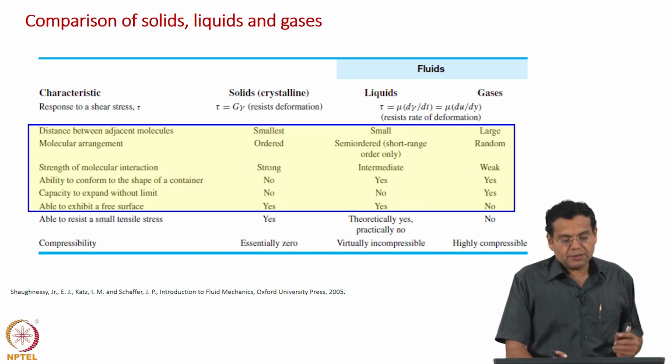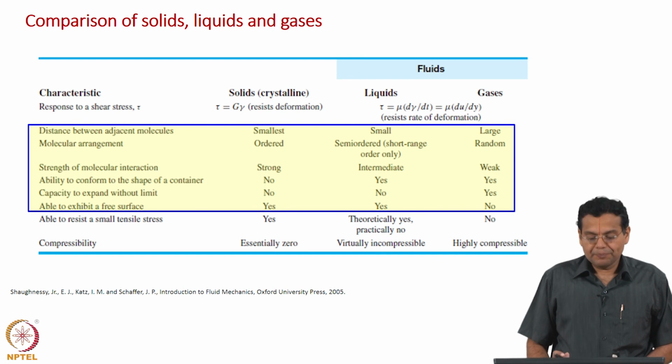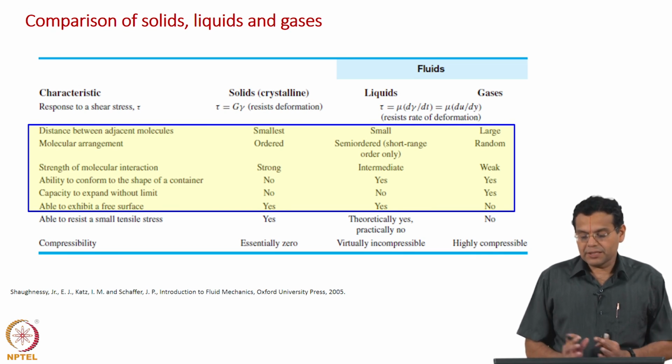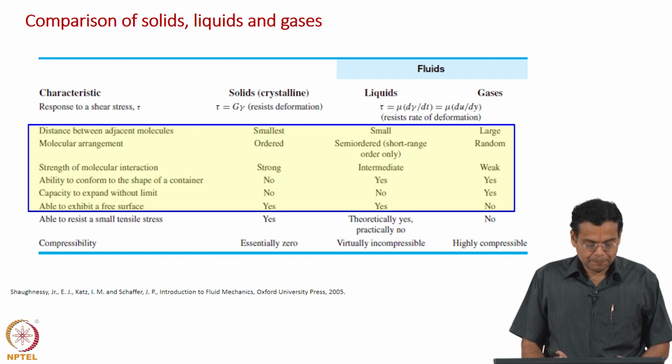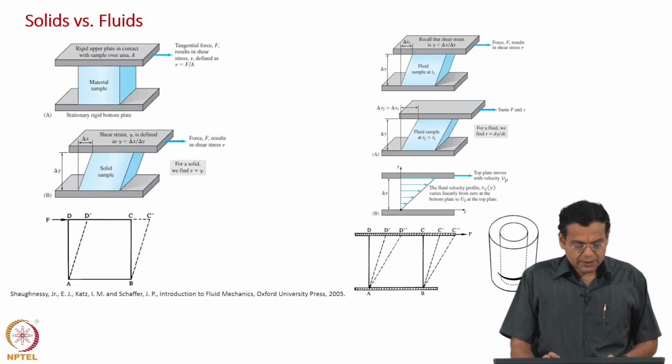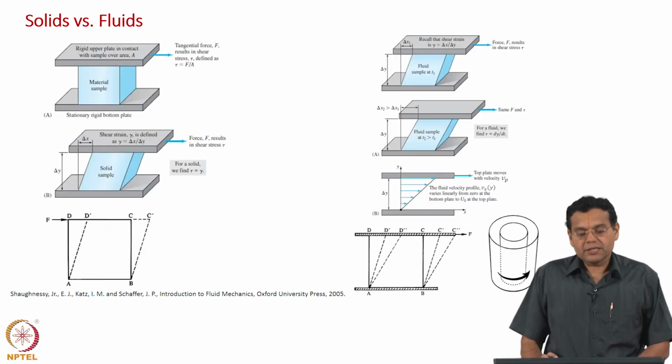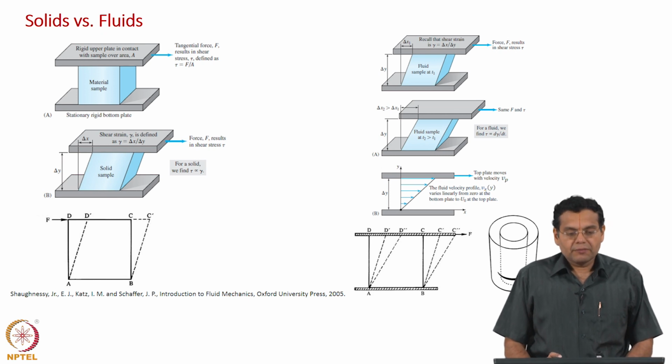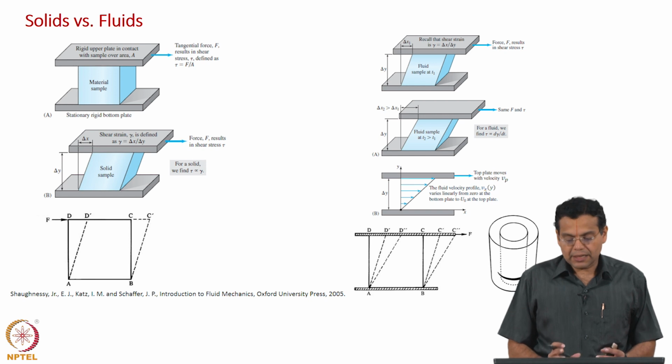We discussed in terms of distance between adjacent molecules, molecular arrangement, strength of molecular interaction, ability to conform to shape of container, capacity to expand without limit, and able to exhibit a free surface. So, these differences are all known to us. Then we went on to discuss the difference between solids and fluids, which is from a mechanics point of view, and that is what this slide is about.